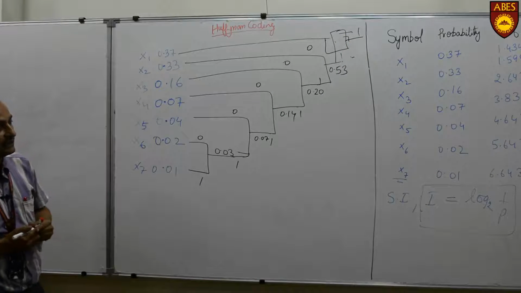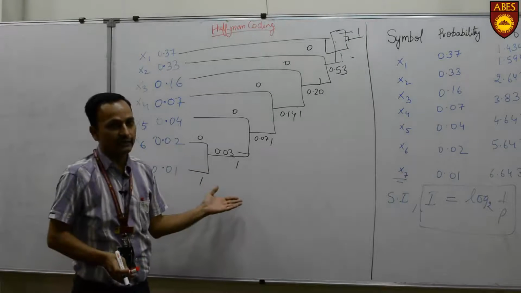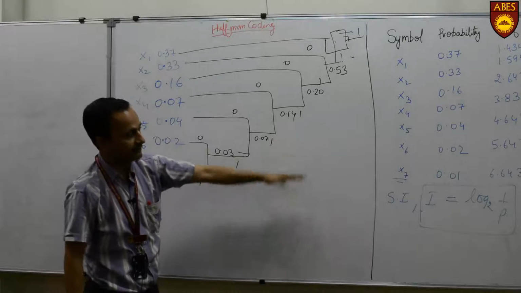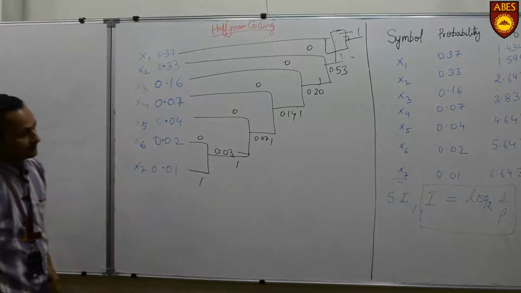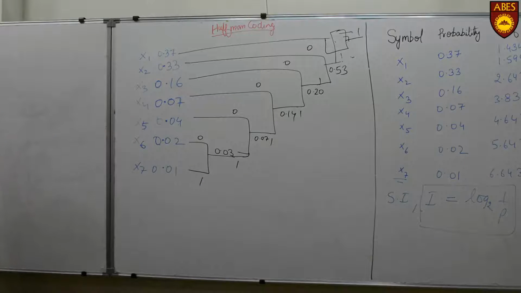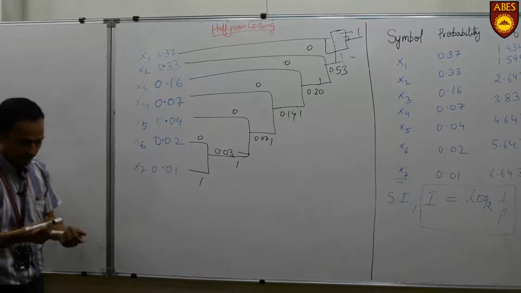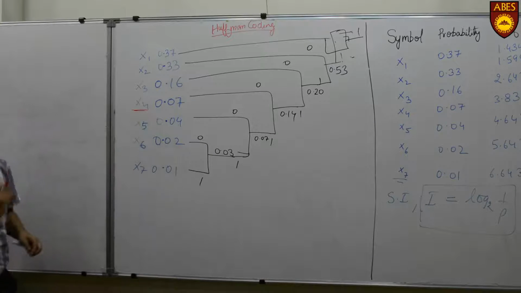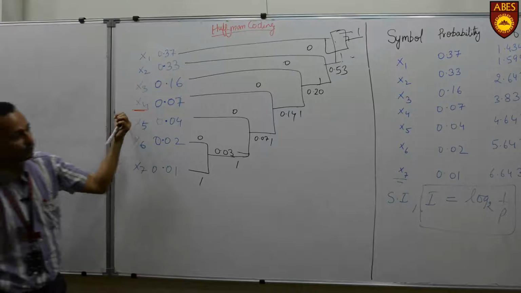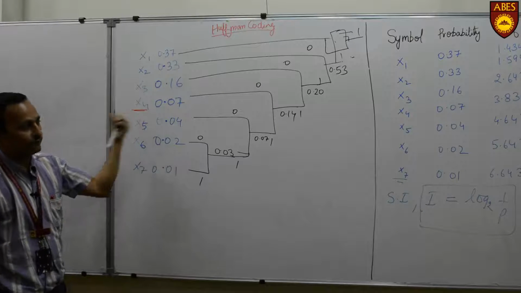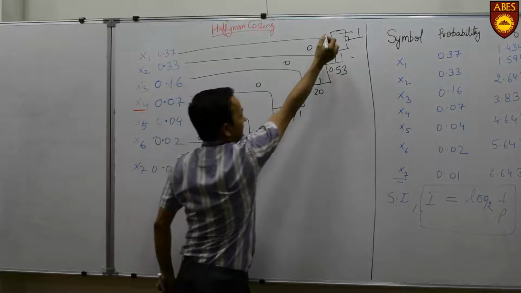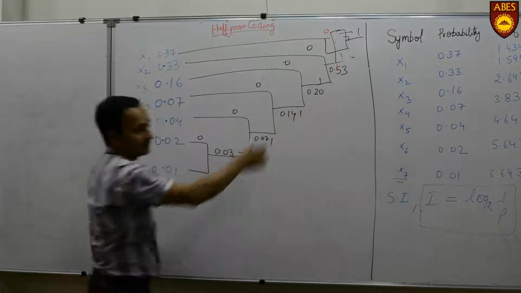So this is how we used Huffman coding to encode the symbols from x1 to x7 given their probabilities. After getting this, we can have a code word for any symbol. Take for example the x4 symbol. For calculating the code word, we have to start from the last, as we had already assigned 0 and 1 for the last symbol.